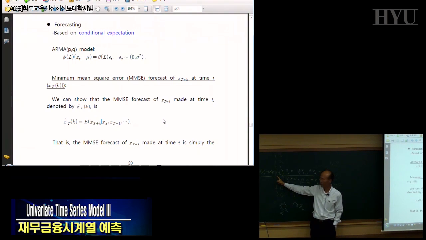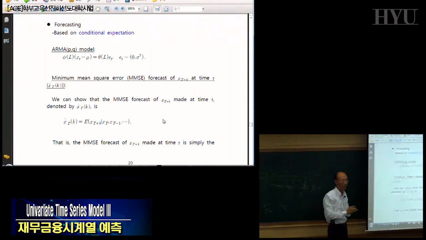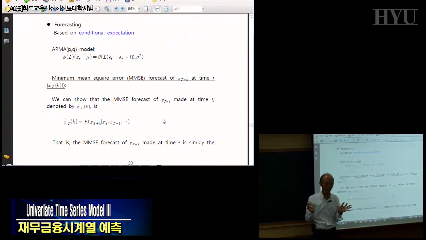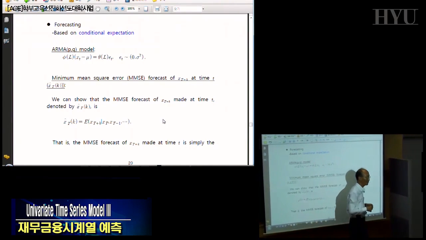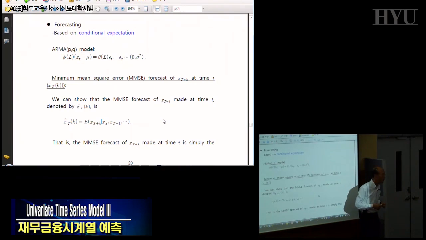But here, p and q we can't simply determine by reading off the partial correlation function or correlation function. So, Durbin-Watson.